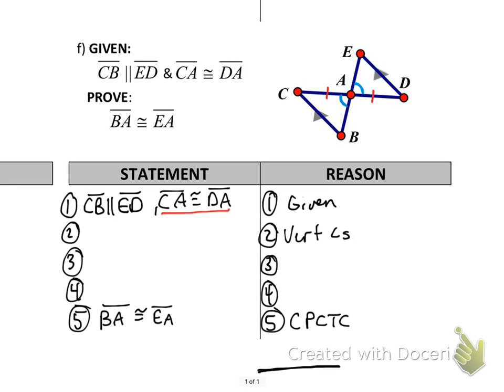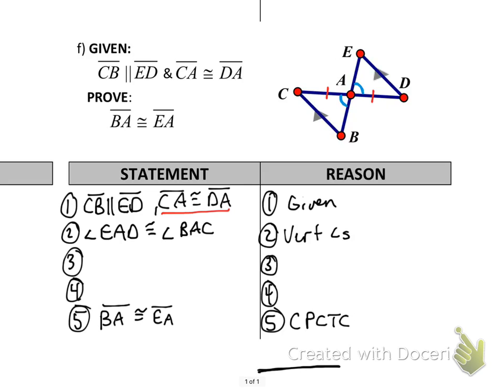Now, we've been doing this for a week, so I kind of expect you guys can identify vertical angles and name them. So go ahead and tell me what to name these angles. Okay, I heard EAD, and what would the other one be called? Okay, yeah, and we could call it CAB, or in this case, BAC.